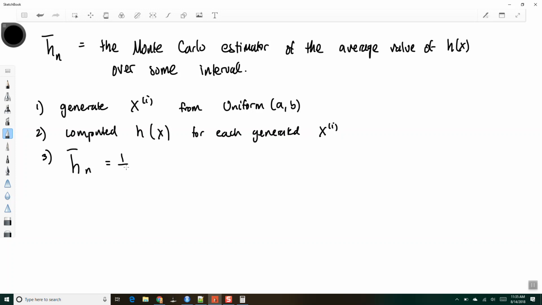is 1 over n times the sum of those, the sample mean.